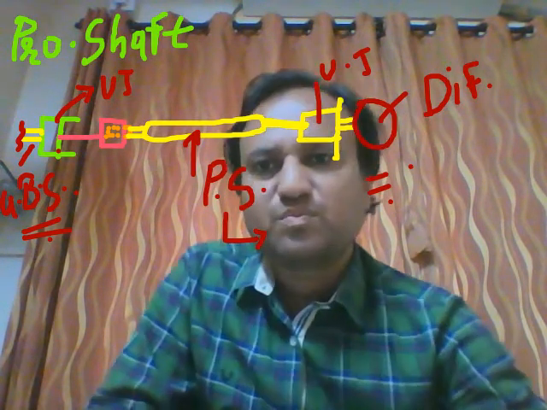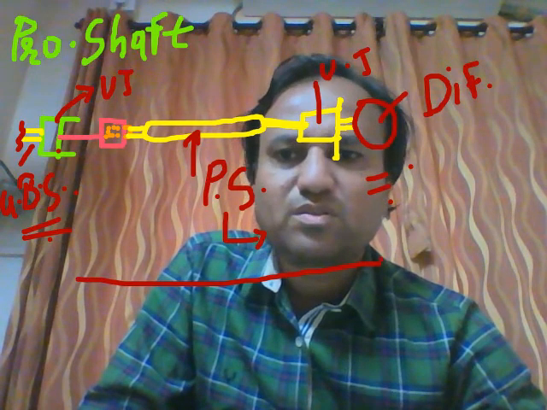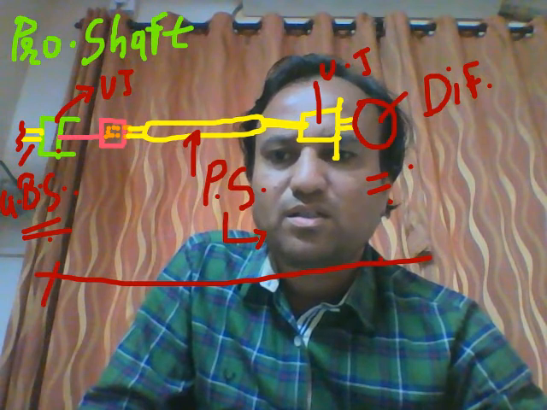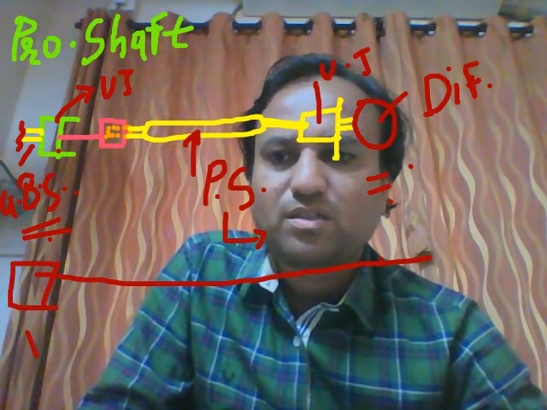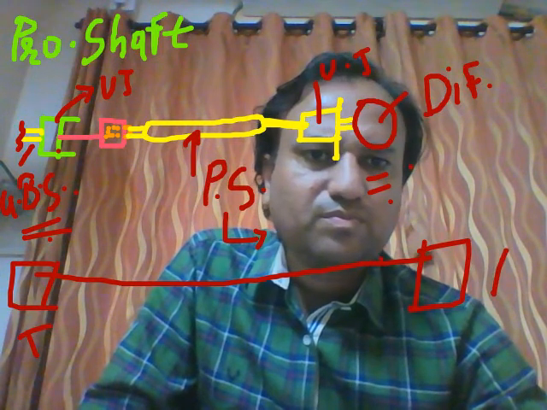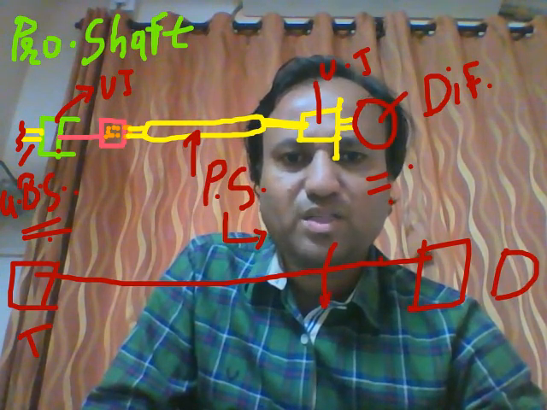See student, if only a single propeller shaft is used, suppose this is the transmission, this is the differential. The propeller shaft is the rotating shaft.